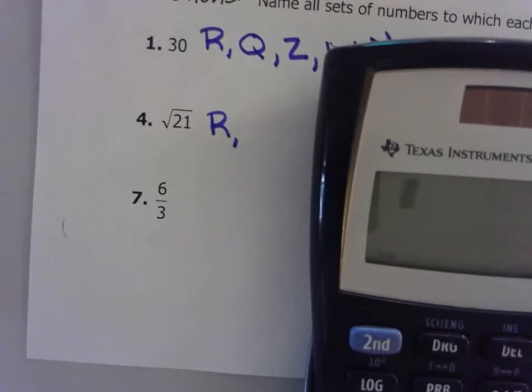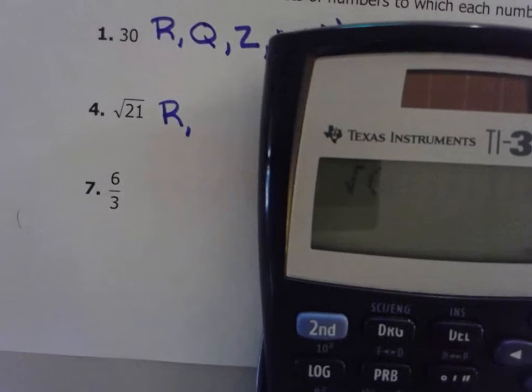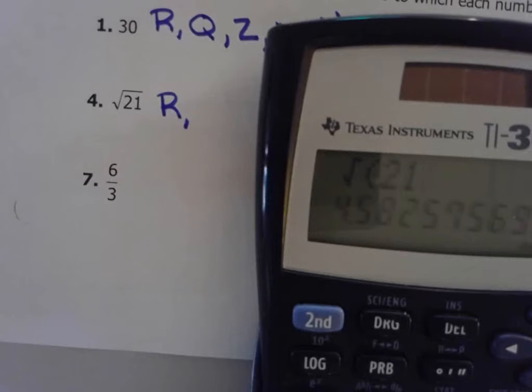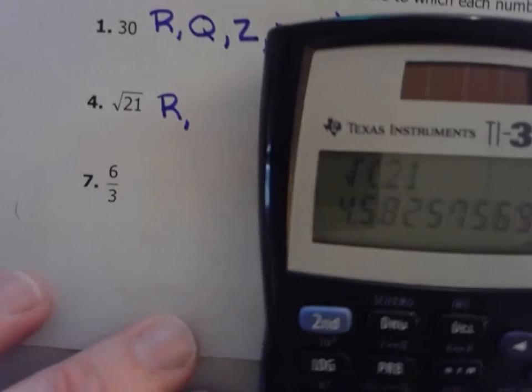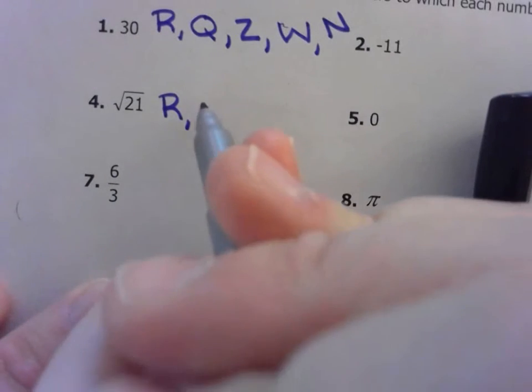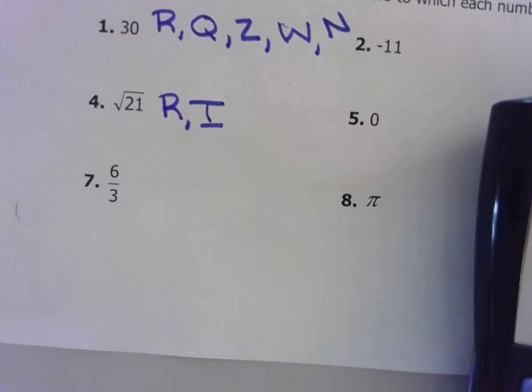If you don't know off the top of your head, plug it in your calculator. Square root of 21, if it comes out as a decimal, then it is irrational. It's non-perfect. So square root of 21 does not come out as an even number, so it is irrational, so I put an I. If it's irrational, you don't have to go any further. There's nothing underneath it. So it is real, it is irrational.